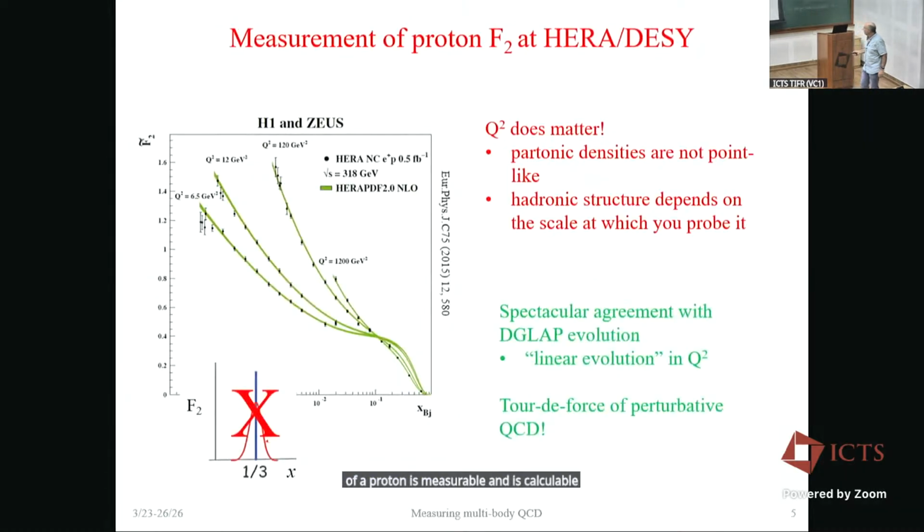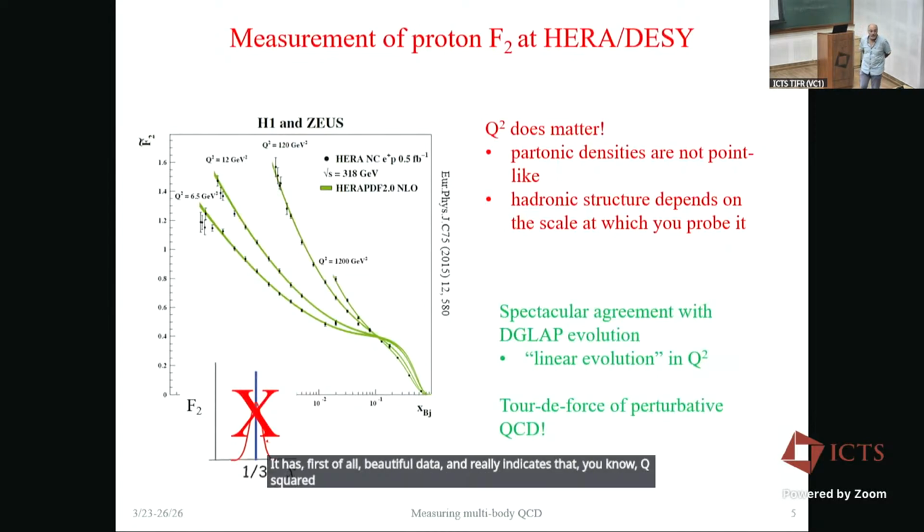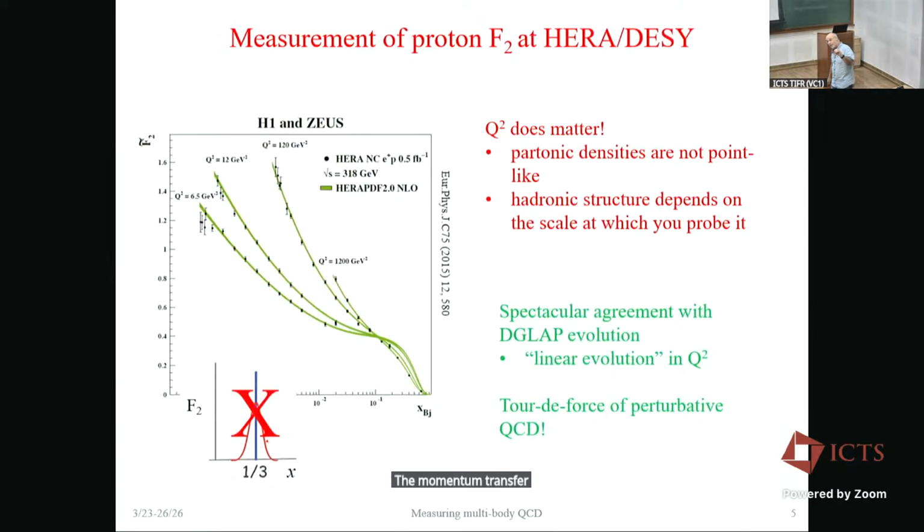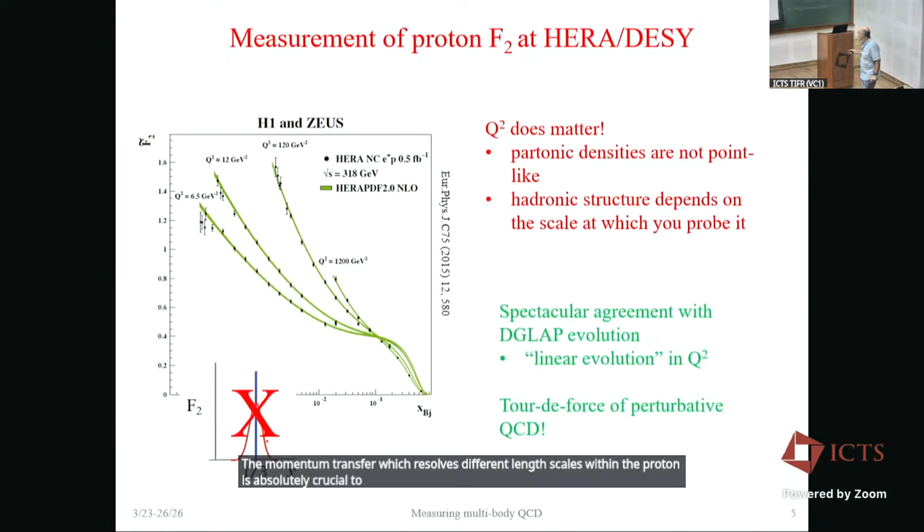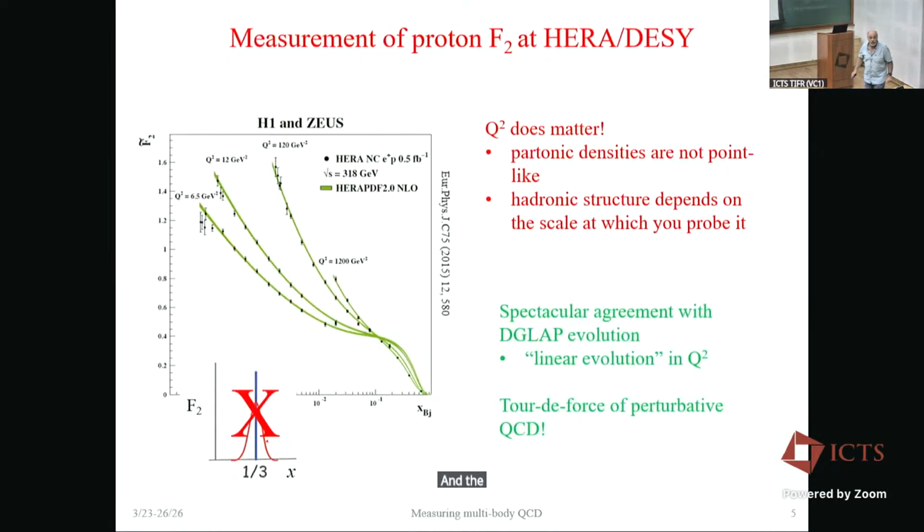We found beautiful data that indicates Q squared, the momentum transfer which resolves different length scales within the proton, is absolutely crucial to understand proton structure. Proton structure is strongly dependent upon Q squared. Partonic densities are not point-like, and the hadron structure depends crucially on the scale at which you probe it.